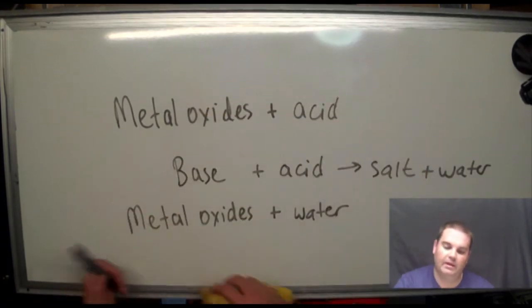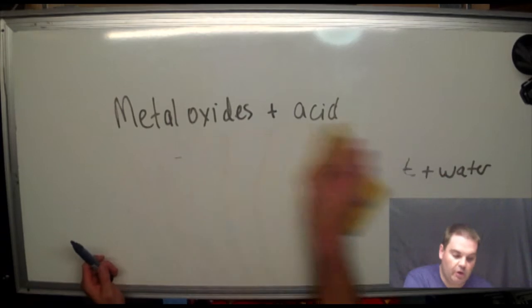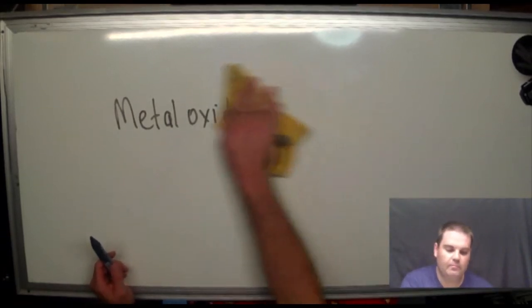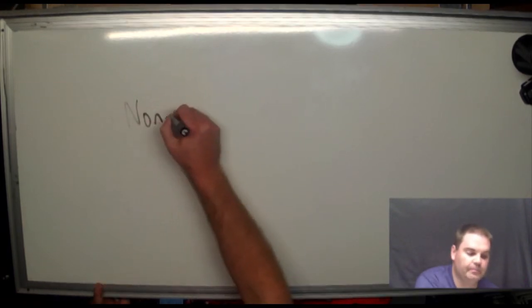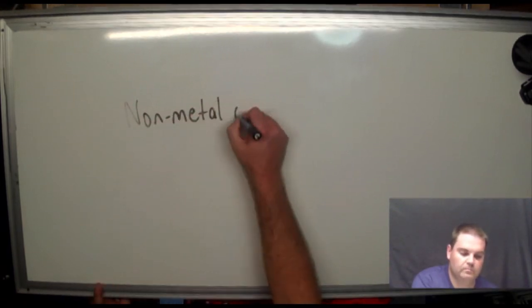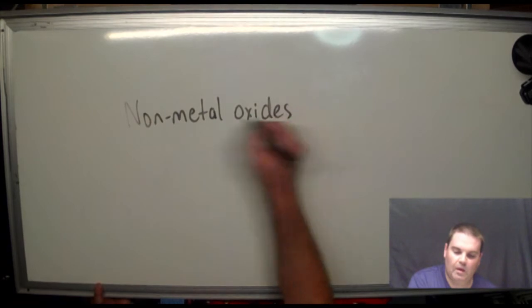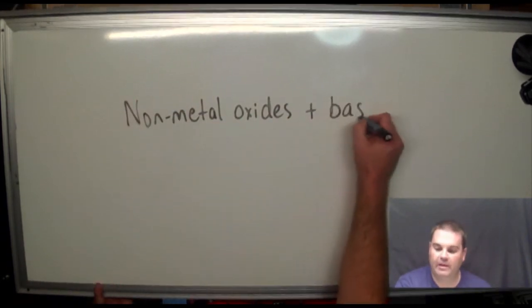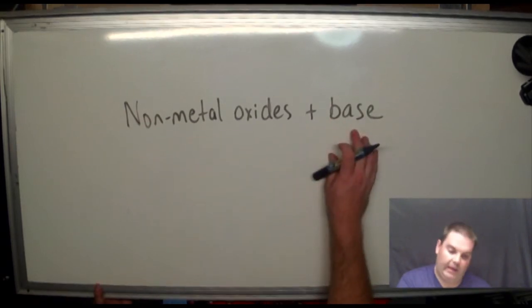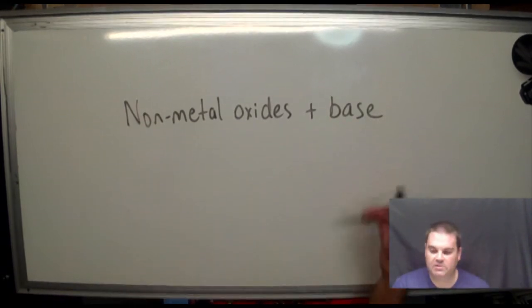If we look at non-metal oxides, non-metal oxides are acidic, so quite often we'll react that with a base. Again, acid, base reaction, salt plus water.